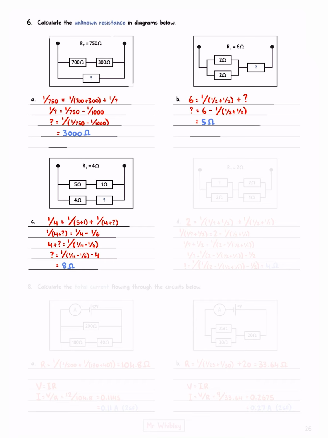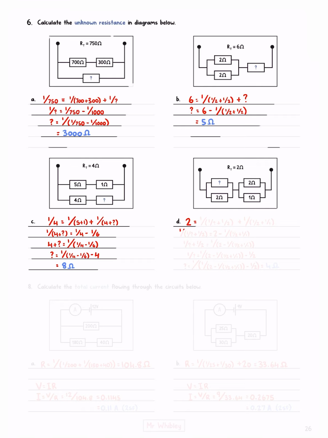In our last circuit, we have a total resistance of 2 ohms, and we have an unknown resistance and a 2 ohm resistor in parallel, which are in series with a 2 and 1 ohm resistor, once again in parallel. We have these two structures in series, and so their resistances add together. So our total of 2 is equal to the resistance of these two parallel branches added together.